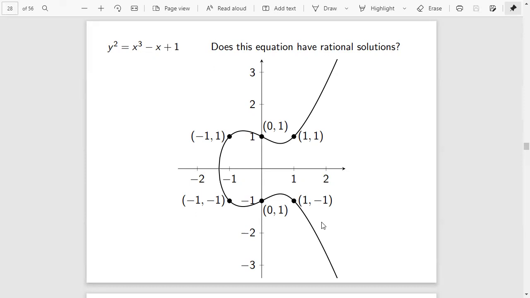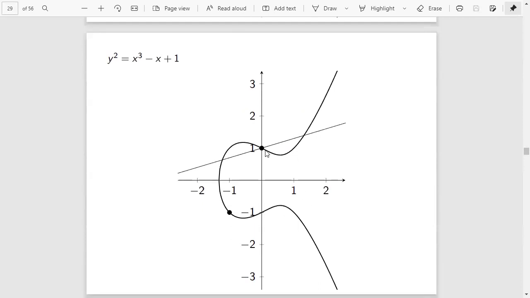So we might try and do the same thing as we did before. Draw a line through one of these points that we found. Where else does it intersect the curve? It intersects the curve now in 2 other points. To find the coordinates of these points, we'll be solving a cubic equation. We know one root of that because it goes through one point that we chose.